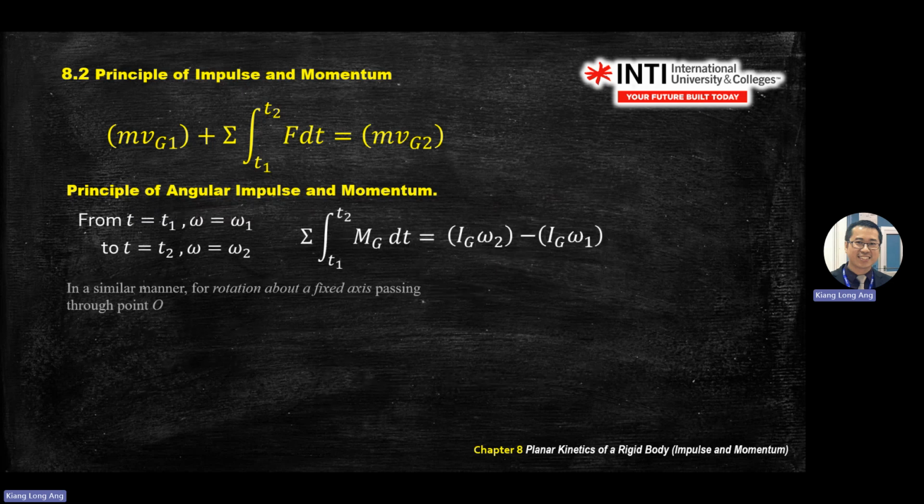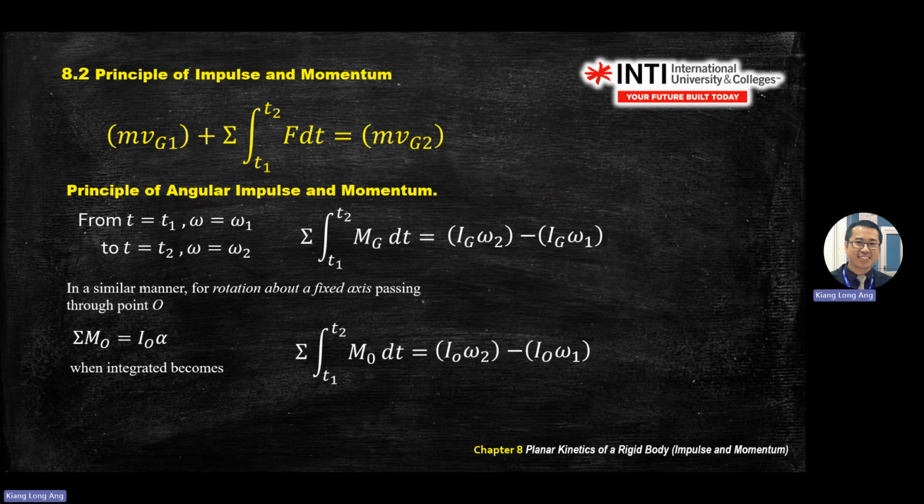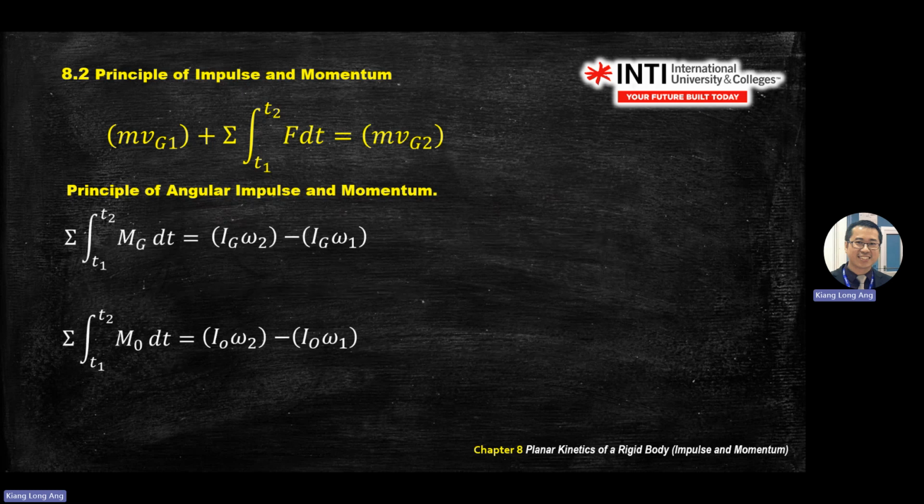Okay, again, this is just another derivation where this is the center of mass. If the question asks you to focus on a point other than the center of gravity or center of mass, let's say point O, then you need to change the I to IO, where IO equals Ig plus md squared, or you can use the IC point if you want. So there are two forms.